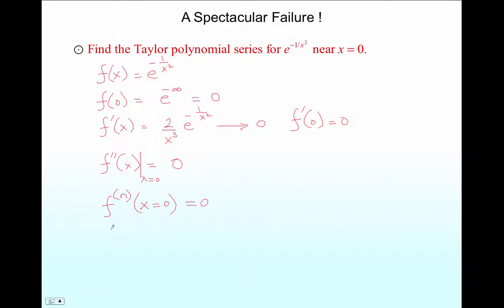So what we have for Taylor's theorem is that f of x is equal to 0 plus the remainder. And so the remainder and the function are the same. This Taylor polynomial over here is of absolutely no use. Such a function is called non-analytic. It does not have a Taylor polynomial expansion.